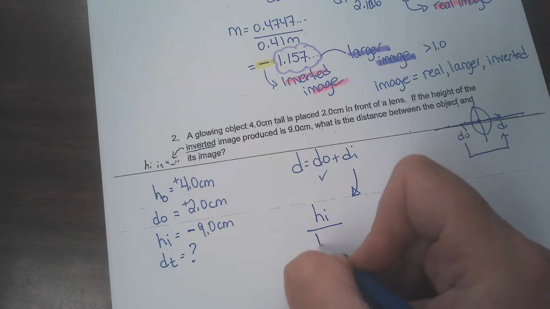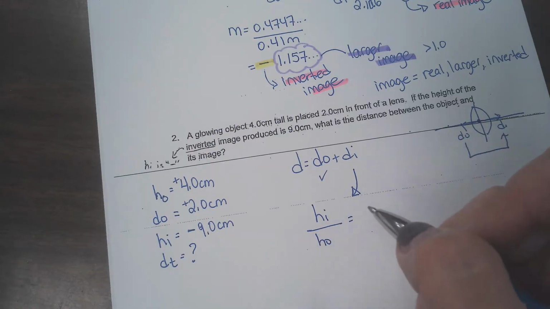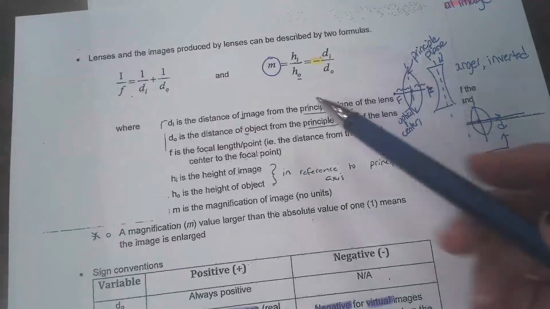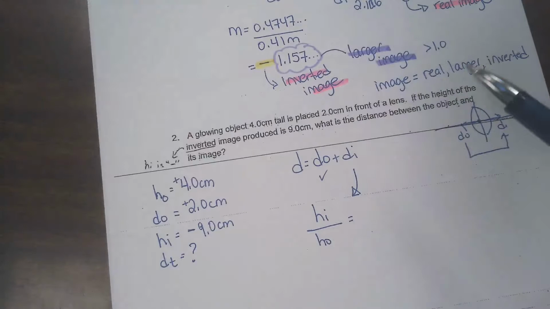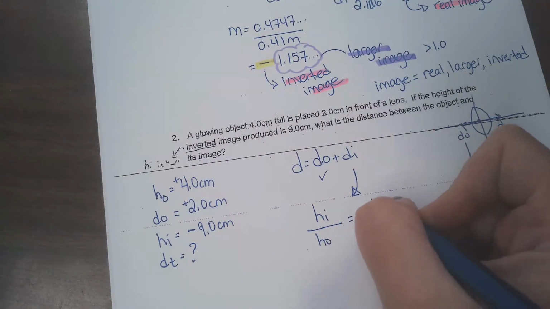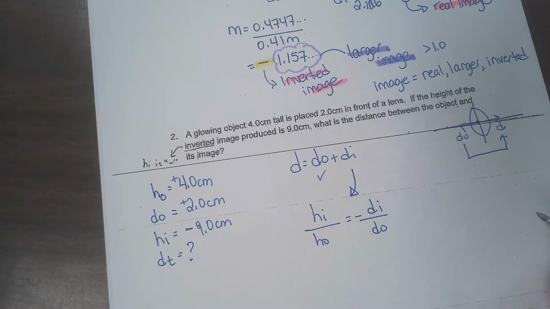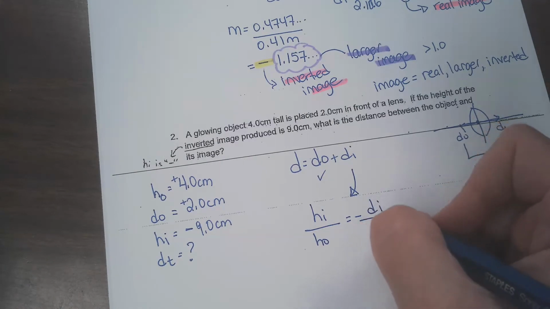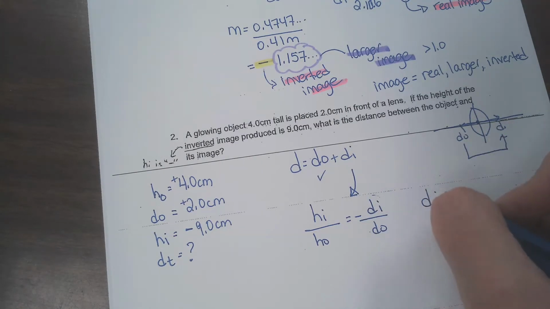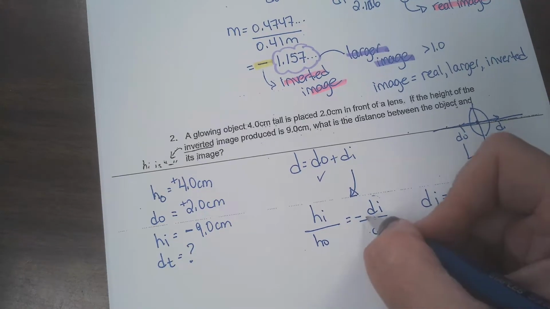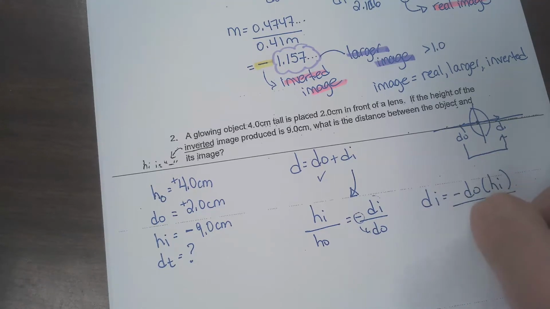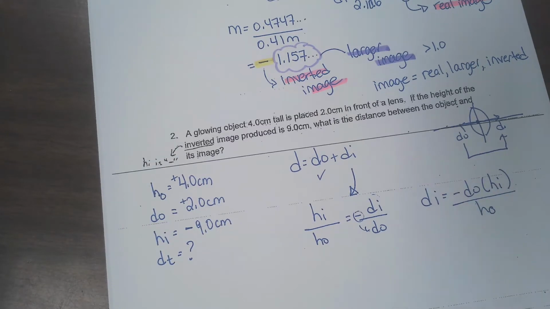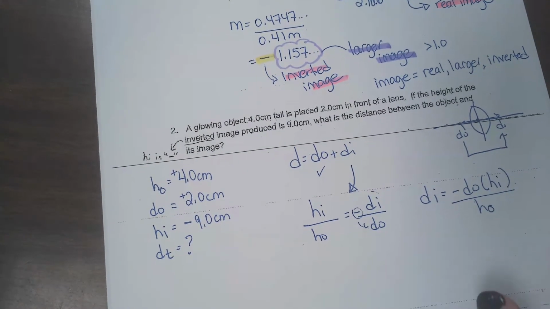How do I find DI? Remember here in this lovely formula, HI over HO is equal to negative DI over DO. Okay? If I want to isolate for DI, I'm going to put the negative sign with my DO. So I'm going to go negative DO times HI all divided by HO. I feel like we should be like the Seven Dwarfs. Hi-ho, hi-ho, to work we go.